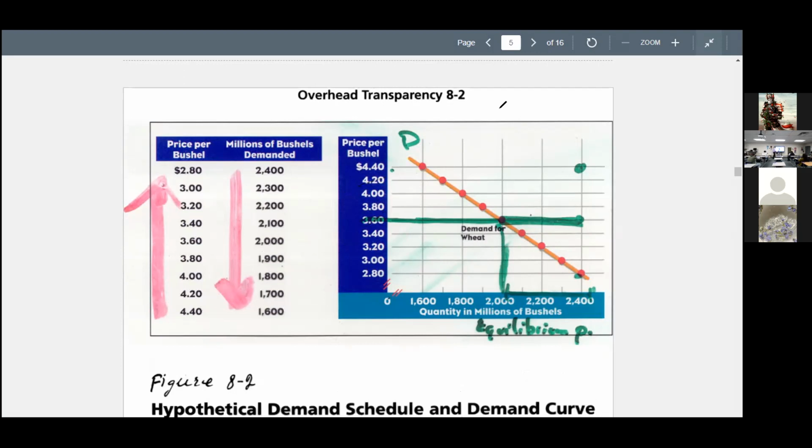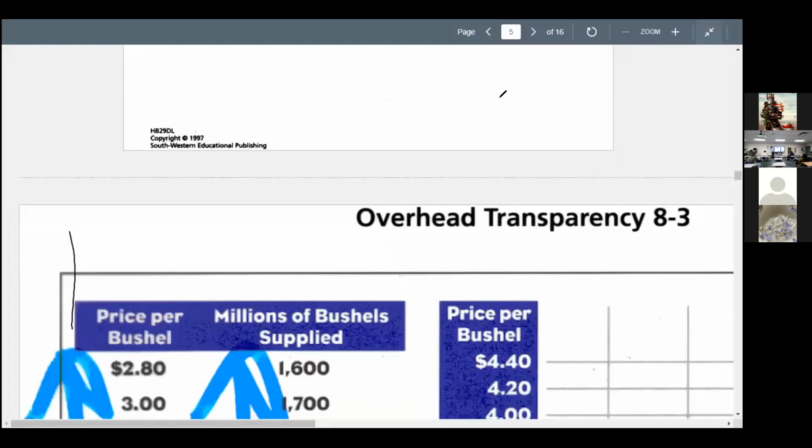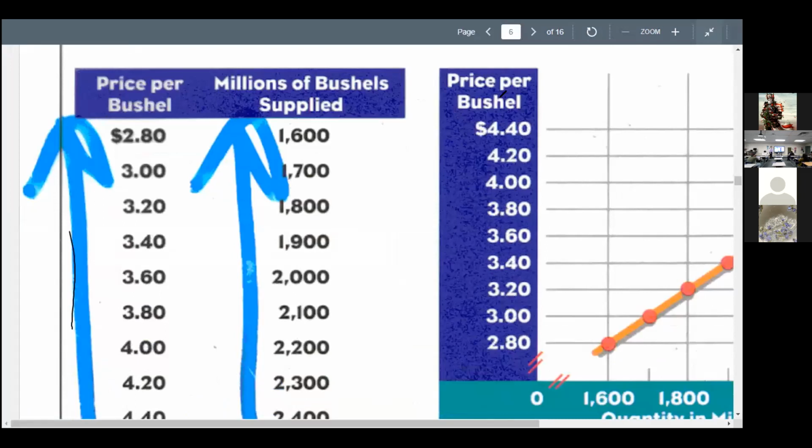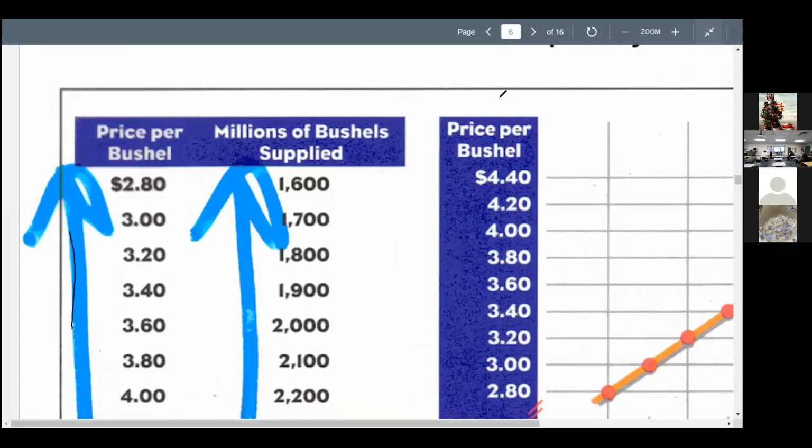And so you're also going to have a supply schedule. The law of supply says price and quantity supplied move in the same direction, so you're going to have a slope up from left to right.